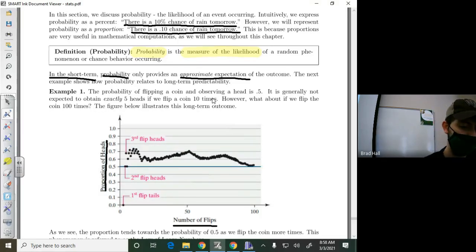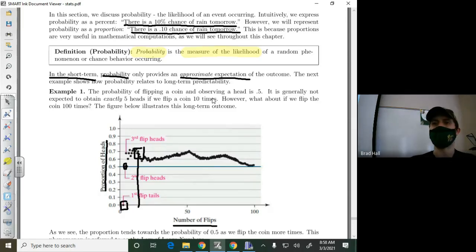So maybe the first time you flip the coin, you get a tails. And then whenever you get a heads for the second flip, the reason why it's right here is because it's the proportion of heads. If you flip the coin twice and you get heads once, that's 50%. And so notice after, say, about 10 flips, you are not near the 50% range, because in the short term, that's not what proportion tells you.